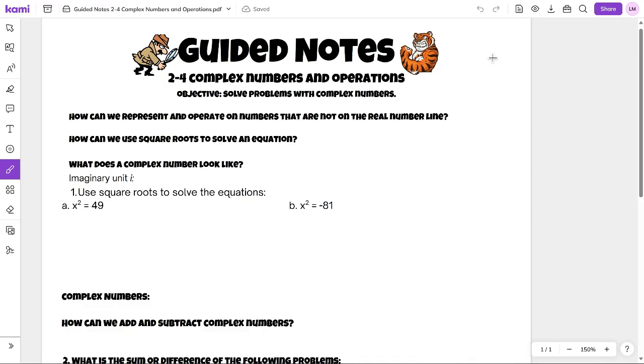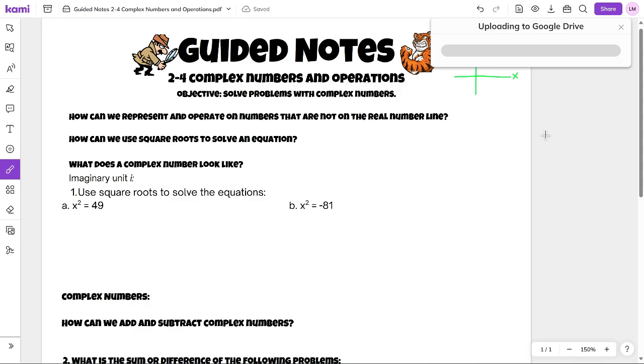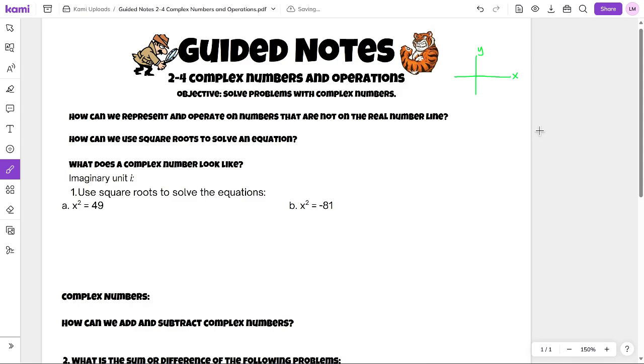So imaginary numbers. Right now we've had X and Y, the real number system, right? We could have fractions, decimals, percents, whole numbers, all the things, but we've always been in the real number system. So there's also an imaginary unit outside of our real number system, and that's when there's a negative underneath a radical.